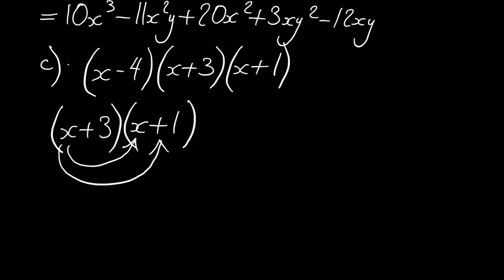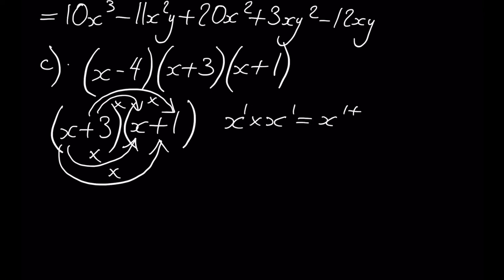We expand this as normal, x times x and x times 1, sorry about that, and then 3 times x multiplied by 3 times 1. So x times x is equal to x raised to the power 1 plus 1, which is x squared.